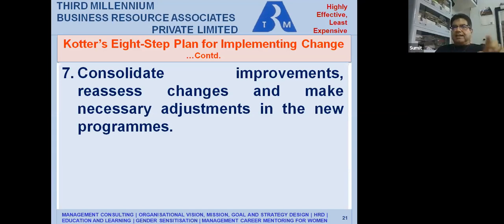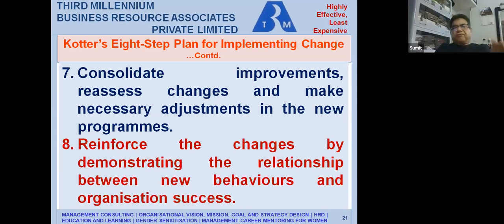And finally, the last point, reinforce the changes by demonstrating the relationship between new behaviors and organizational success. So if you are able to convince your people that, see, you are having new behaviors now, and that has led to organizational success, that will motivate them to continue with the process.